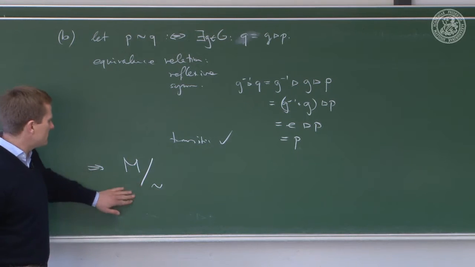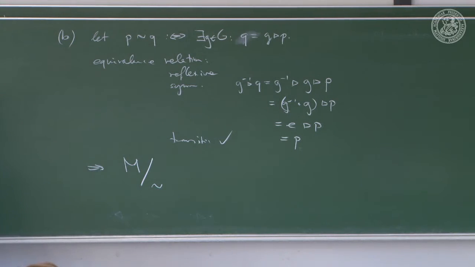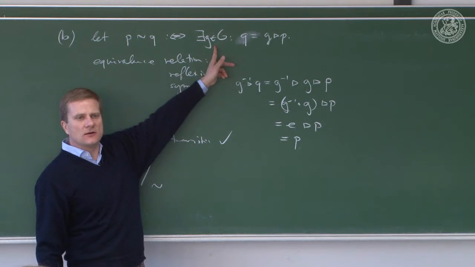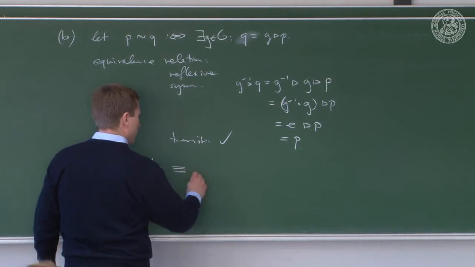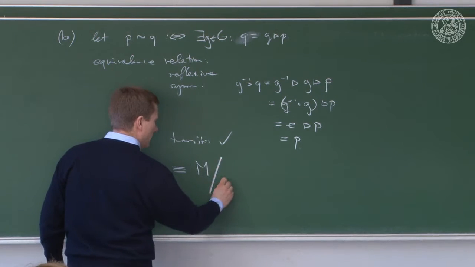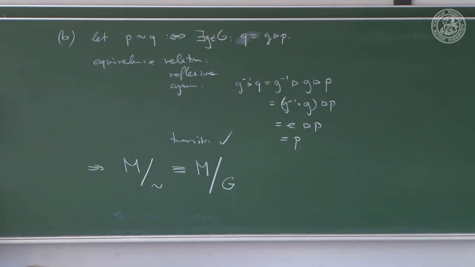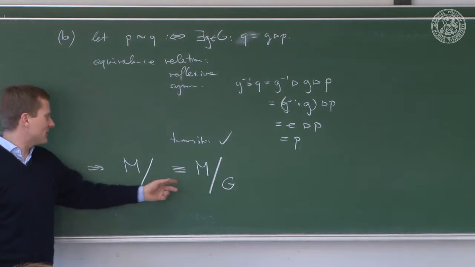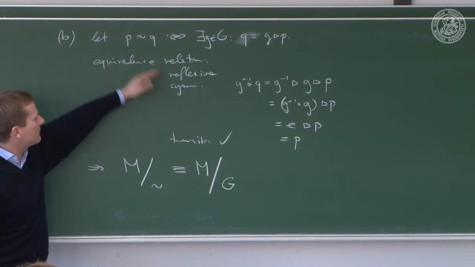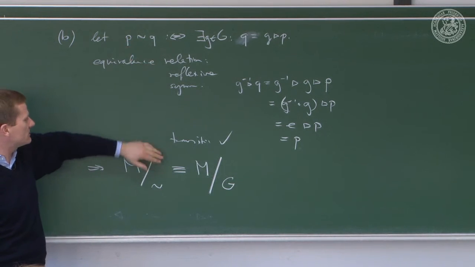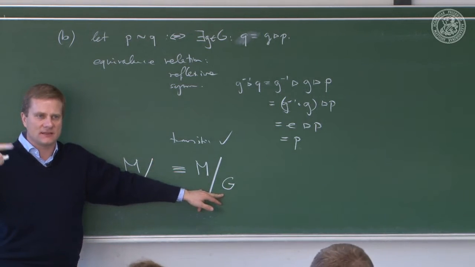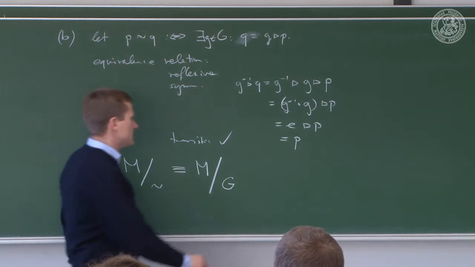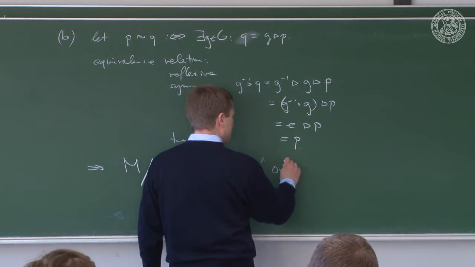And because this quotient space has been defined using only this group and this action, we very often write it as M mod G. It's just another notation, because you do not always have to carry through this construction. Once you know it, you say the group identifies certain points by being in the same orbit, and this is then called the orbit space.